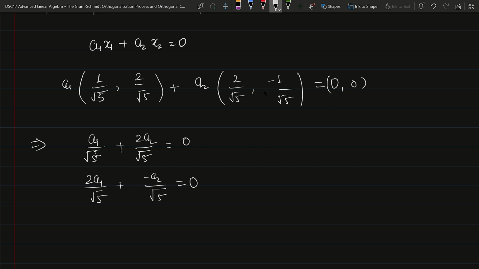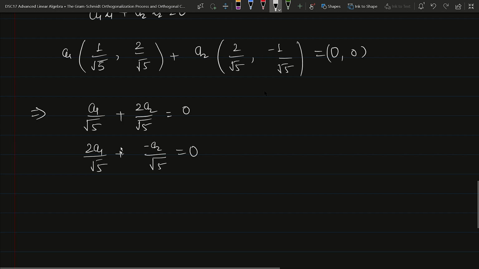Now if you multiply the first equation by 2 and then subtract, A1 will disappear, and you will have 4A2 over root 5 plus A2 upon root 5 equal to 0, and ultimately this implies A2 equals A1 equals 0.